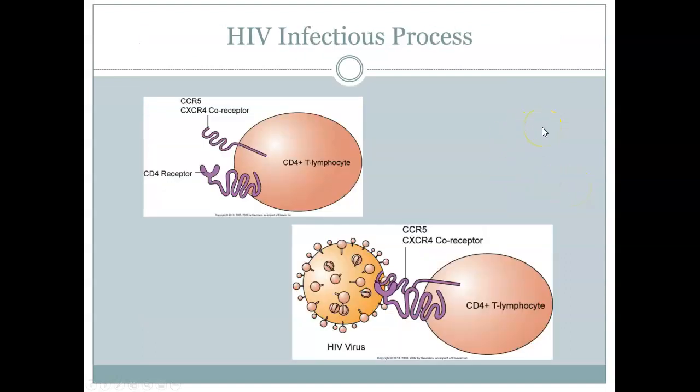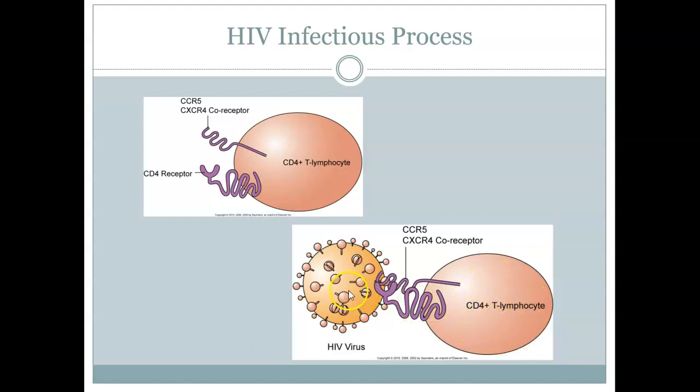Okay, so this is what happens with HIV. We have CD4 T lymphocytes, and we have these receptors. What happens with the HIV virus is it docks onto this receptor on our normal CD4 T lymphocyte.